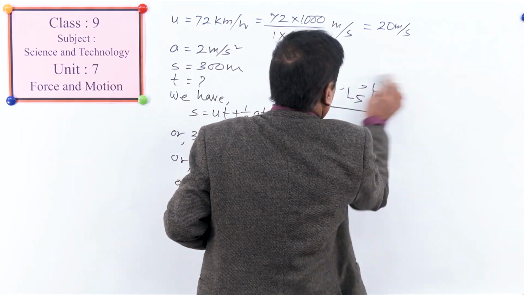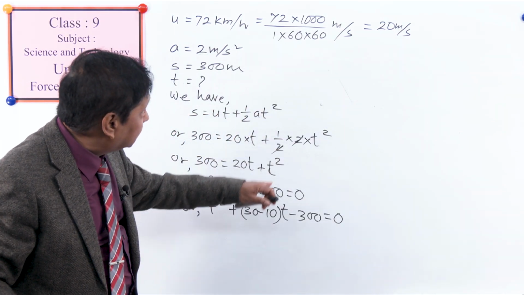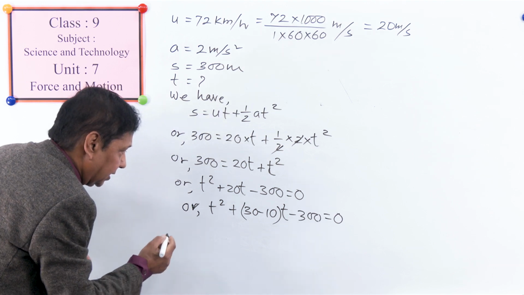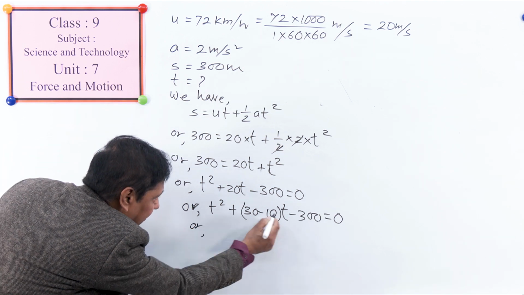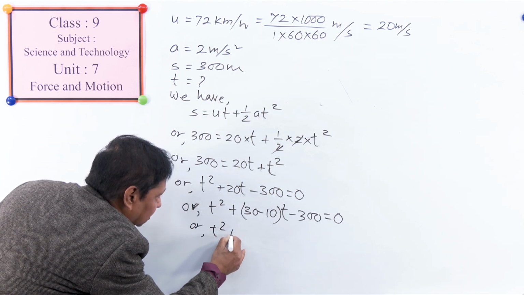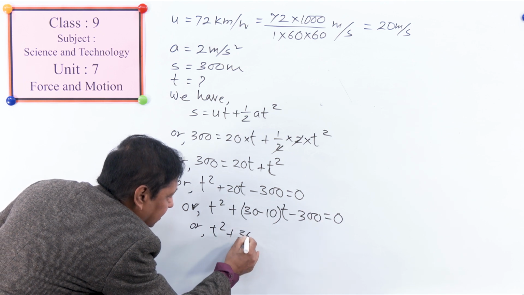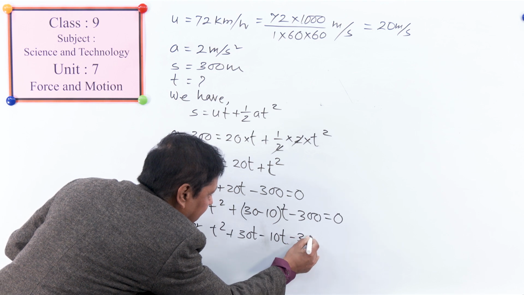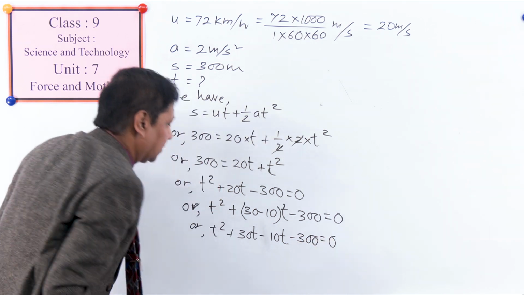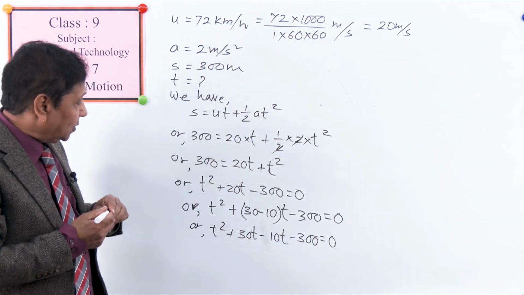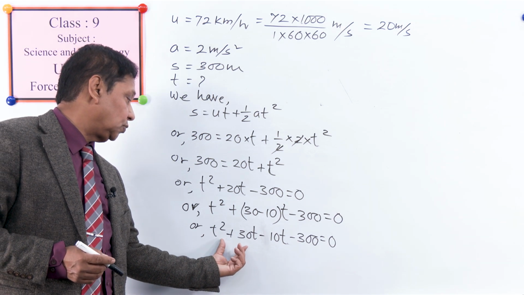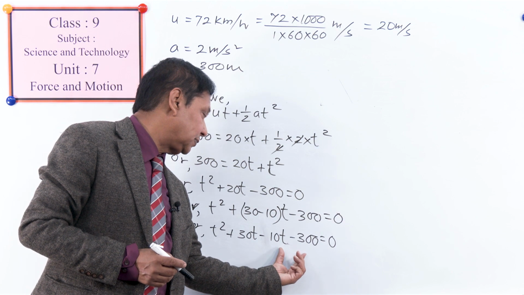Okay. Now I am continuing the same over there also. First let's see what is happening here. We can open this bracket: t square plus 30t minus 10t minus 300 equal to 0. Now what are we going to do? We have to take t common from these two and 10 common from these two.